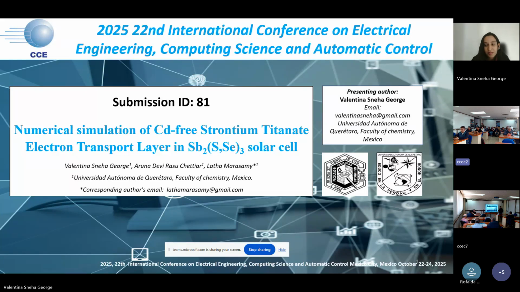We continue with the first session of this symposium, and the next talk will be presented by Valentina Sneha. The title of the paper is Numerical Simulation of Cadmium-Free Strontium Titanate Electron Transport Layer in Antimony Sulfur Selenium Solar Cell.